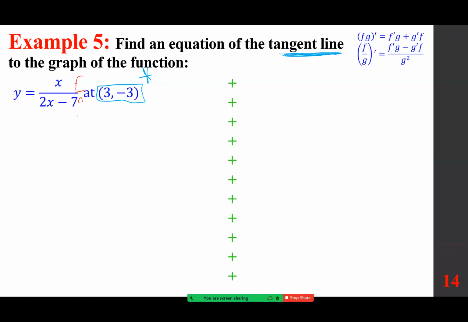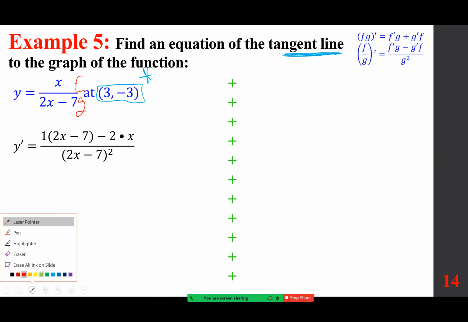If this is f, this is g, we need f prime g minus g prime f over g squared. So the derivative of the top is 1 times the bottom 2x minus 7 times g minus g prime. The derivative of the bottom is 2 times f, which is x, and just write over the bottom squared. And as you can see, this is the only calculus step.